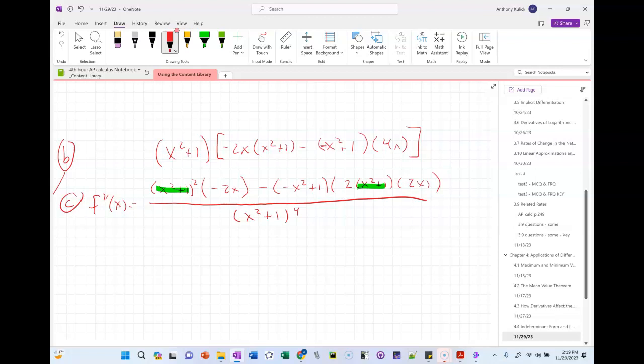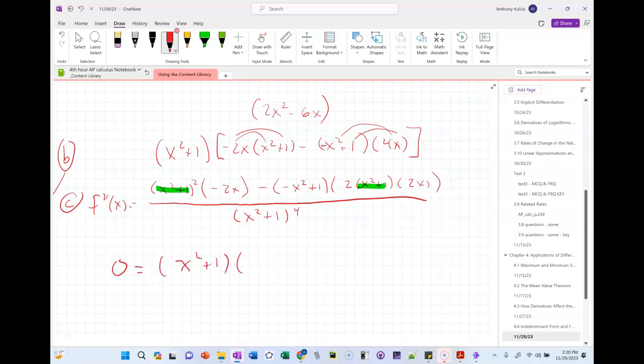So if I clean this up now and distribute this stuff through, I'm going to have 4x squared minus 2x squared, so that's 2x squared, and then minus 2x minus 4x is minus 6x. So I'll set that equal to 0.